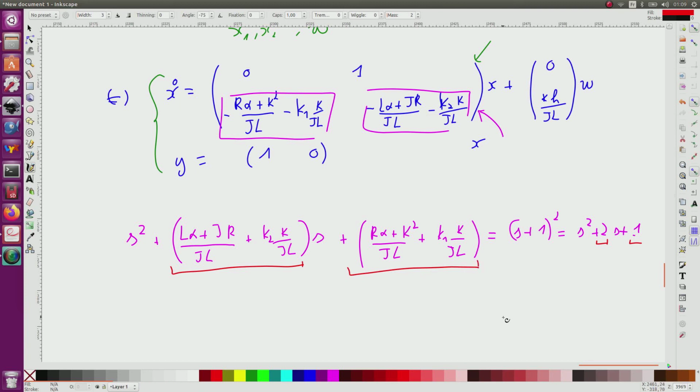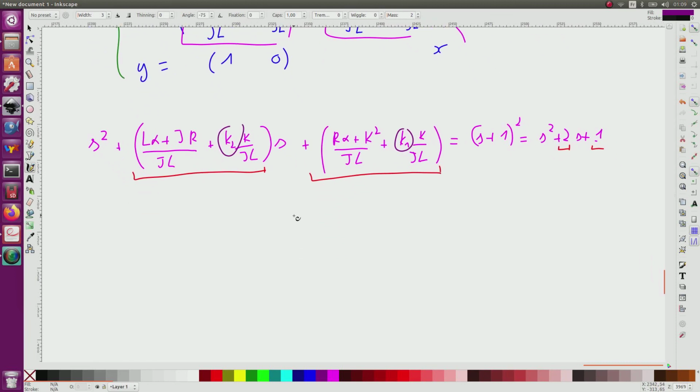From this equality, I will be able to extract K1 and K2.